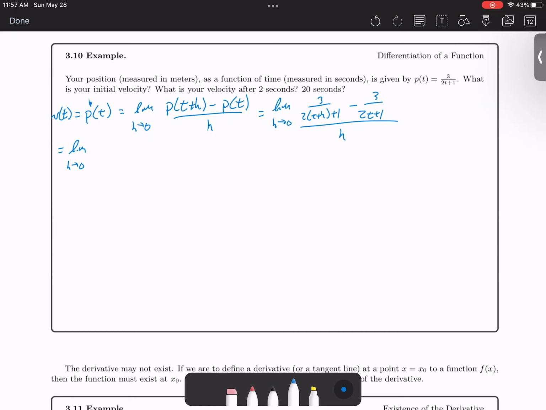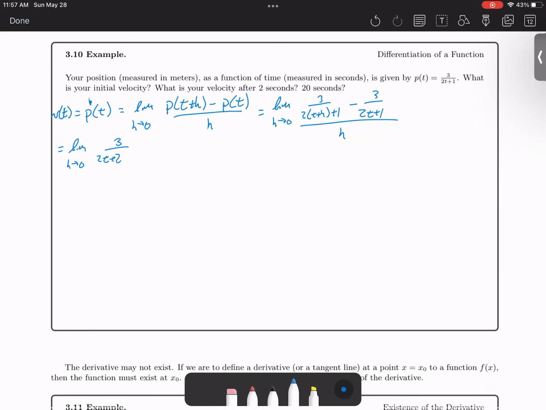And let's simplify a little bit in that first fraction. So I can distribute the 2. You get 2t plus 2h plus 1. We won't change anything else. All right, now I have a subtraction of fractions in my numerator, and anytime I want to add or subtract fractions, I need a common denominator.